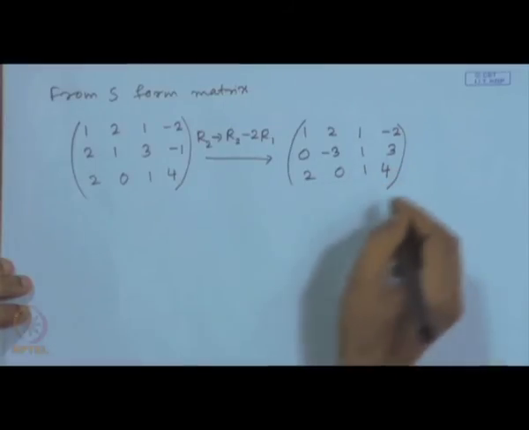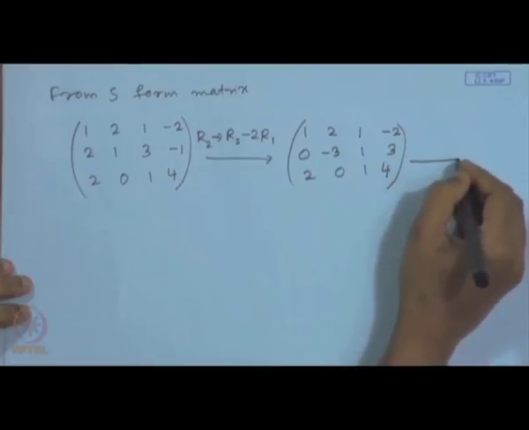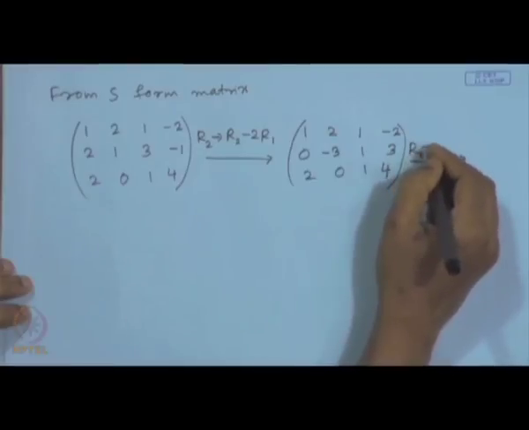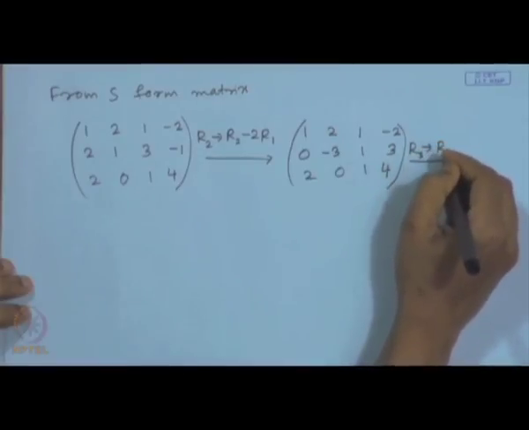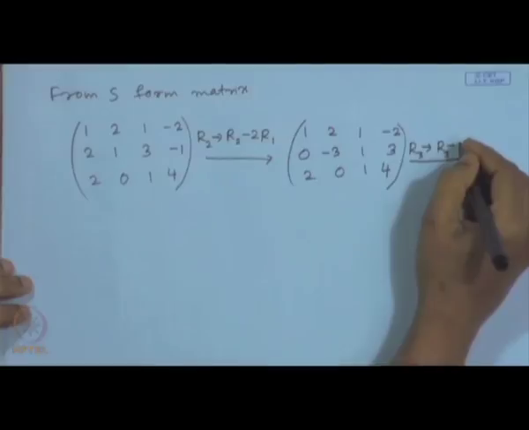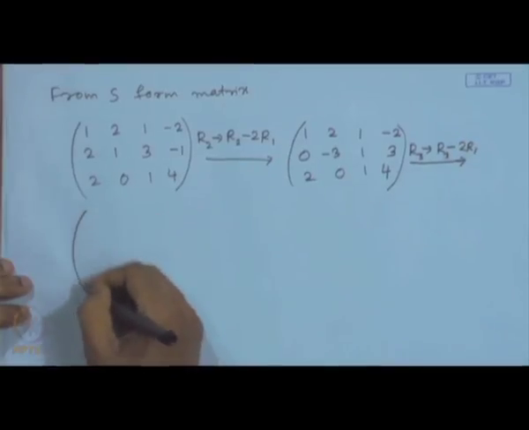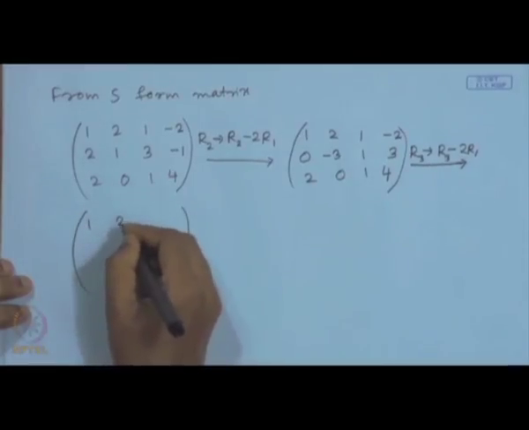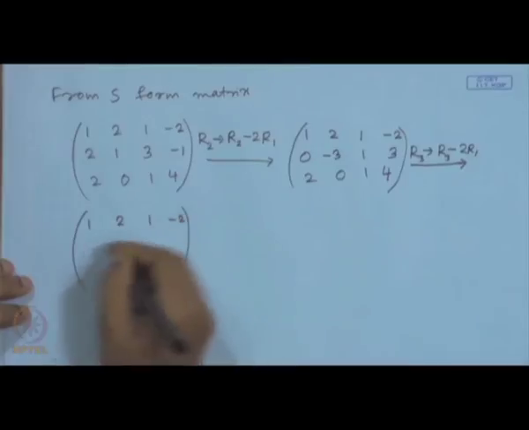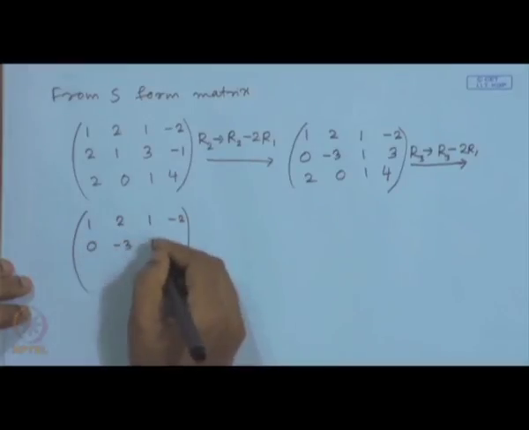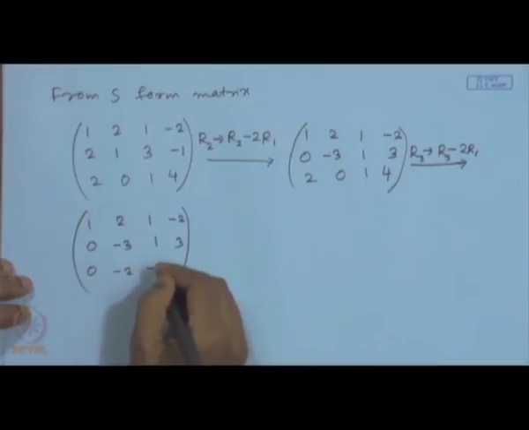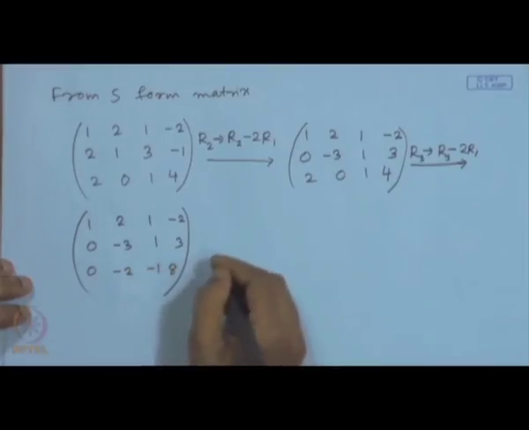Again from this matrix we apply the elementary row operation, replacing R3 by R3 minus twice R1, and get the matrix (1, 2, 1, -2), (0, -3, 1, 3), (0, -2, -1, 8).